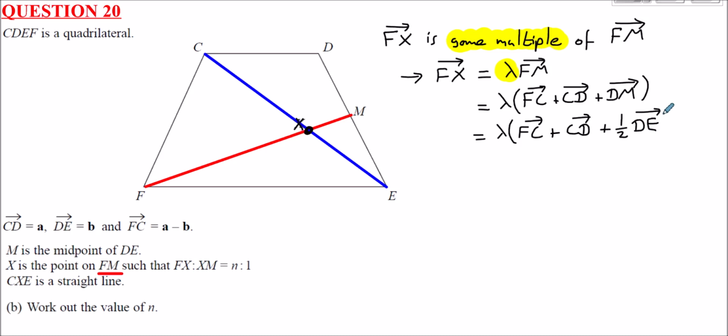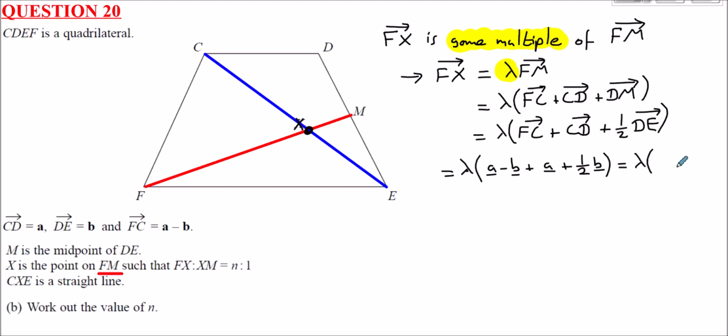So let's now go from letter form to vector form. So from F to C, that's A minus B. From C to D, we're told that's vector A. And then from D to E is B. So half of DE is just half of B. So finally simplify out some of the brackets.